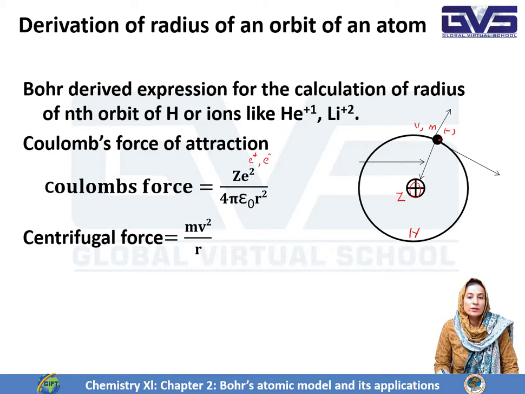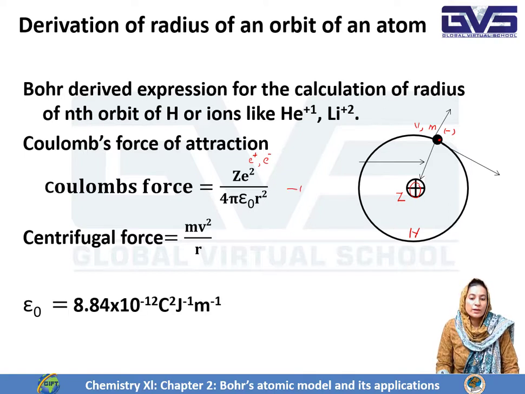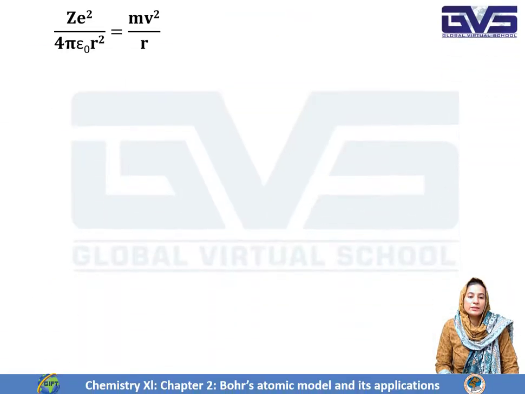M is the mass of the electron, and in previous lectures we calculated the mass as 9.11 times 10 raised to the power minus 31 kilograms. As the two forces act equally, we equate these two equations: equation 1 for Coulomb's force of attraction and equation 2 for centrifugal force. Equating them this way, we can find the expression for radius calculation.